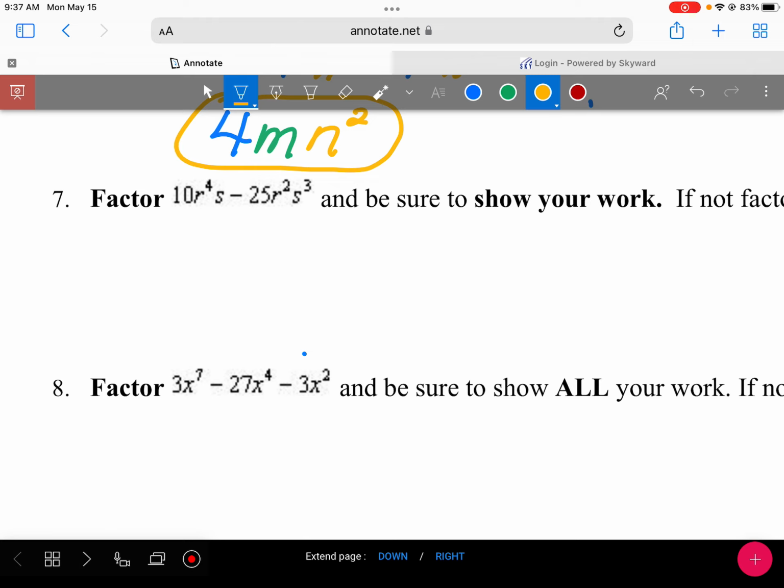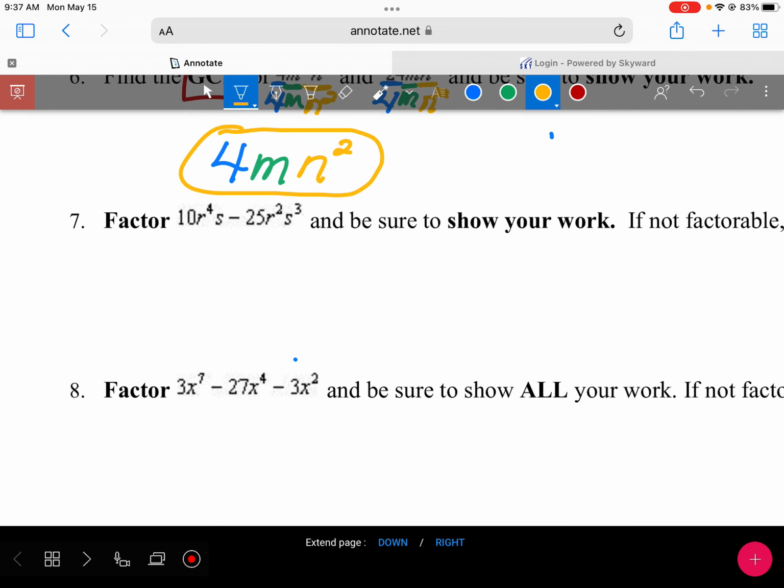All right, so here we are going to factor 10r to the fourth s minus 25r squared s to the third. The key word here is factor. But what do we have to do first? GCF.